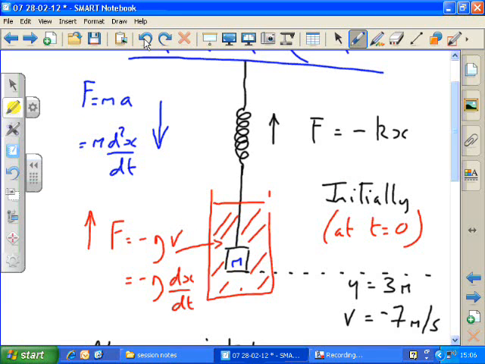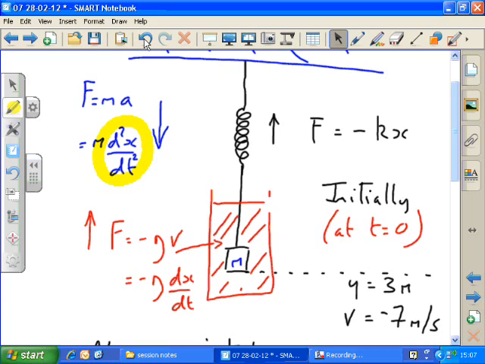Now, what we want to do is to think about what these three forces are in terms of the displacement x of the spring. So the first thing we need to do is to think about what this part of the thing means, d2x by dt squared. What that's telling me is that the acceleration is the second differential of the displacement.